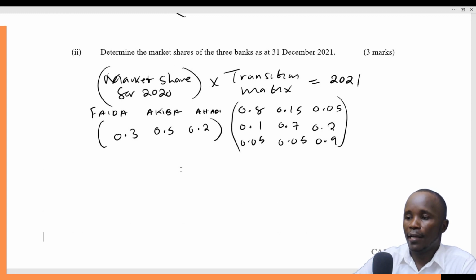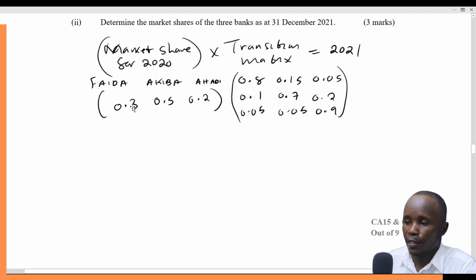Now, here what we do, you will come back and apply the knowledge of matrix multiplication. There is what we call conformity of a matrix; confirm whether it's true. The number of columns here must be equal to the number of rows in the next matrix, and that's okay. It means that we are ready to go.